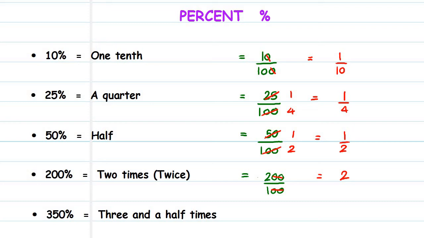How about 350%? 350% means 350 divided by 100. And we can cross out the zeros here, and we'll be left with 3.5. So 350% means 3.5 times.